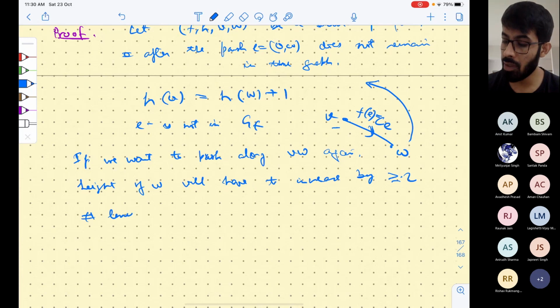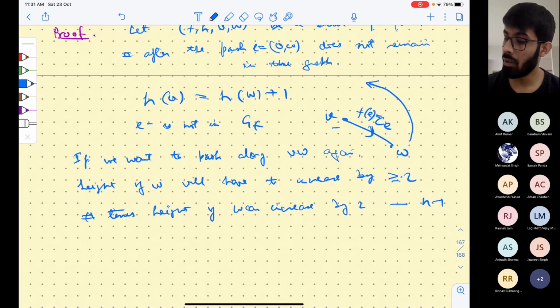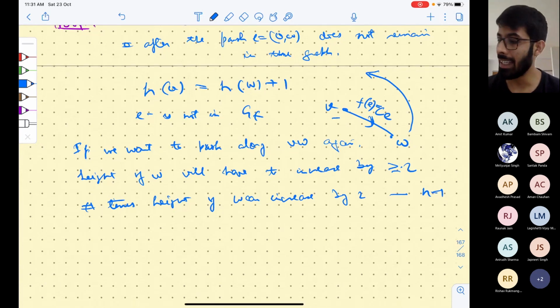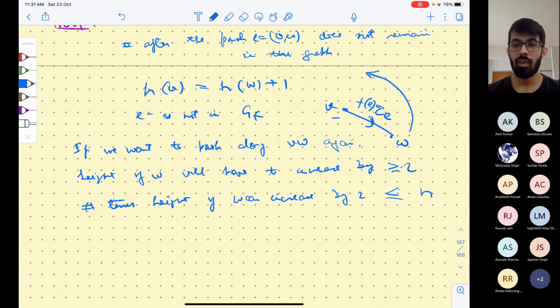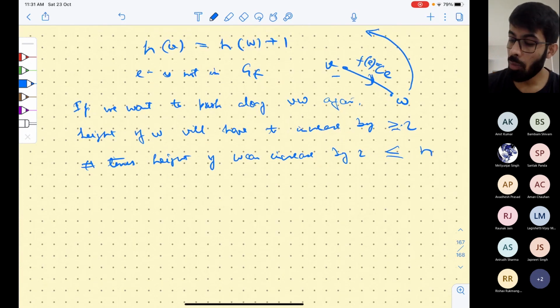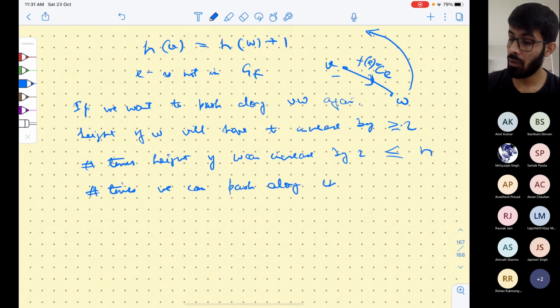So number of times height of W can increase by 2 is n minus 1. So it's fine. Right? So how many times we can push now along this edge? E is equal to VW n times, right?